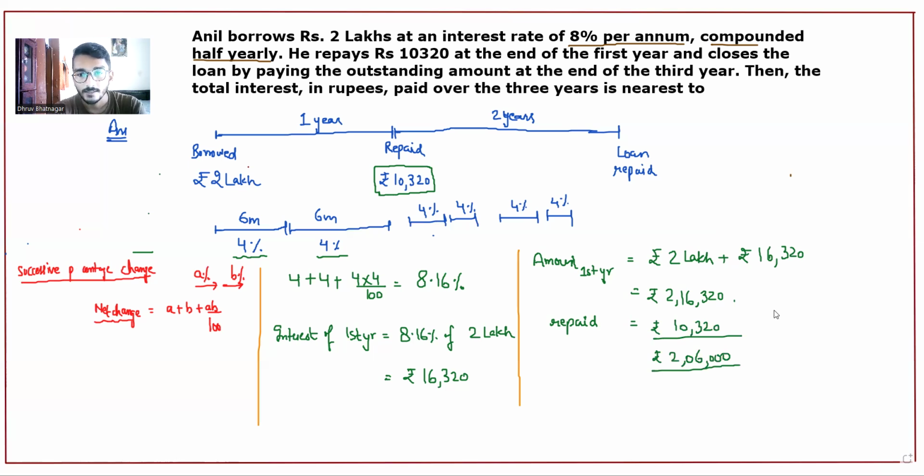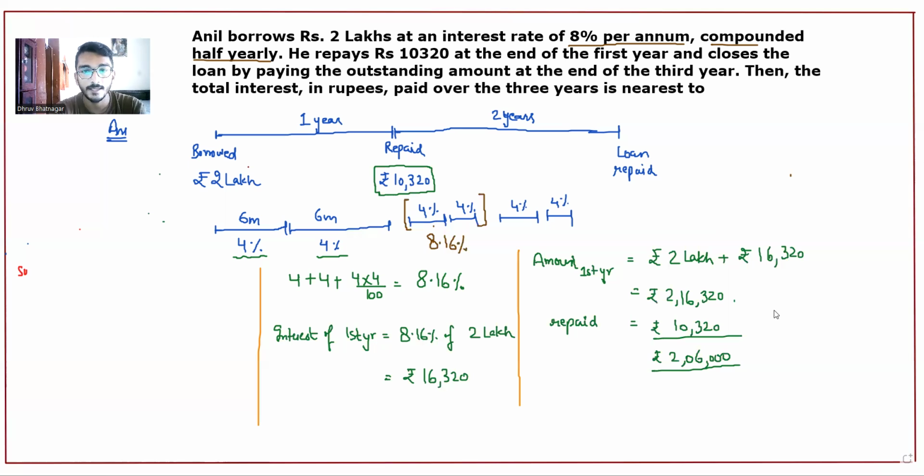All right. Now I have to calculate the same percentage change for the next 2 years. And for the next 2 years, I have to use this 8.16. 4 and 4% will give me 8.16. And the next 4 and 4 will also give me 8.16.